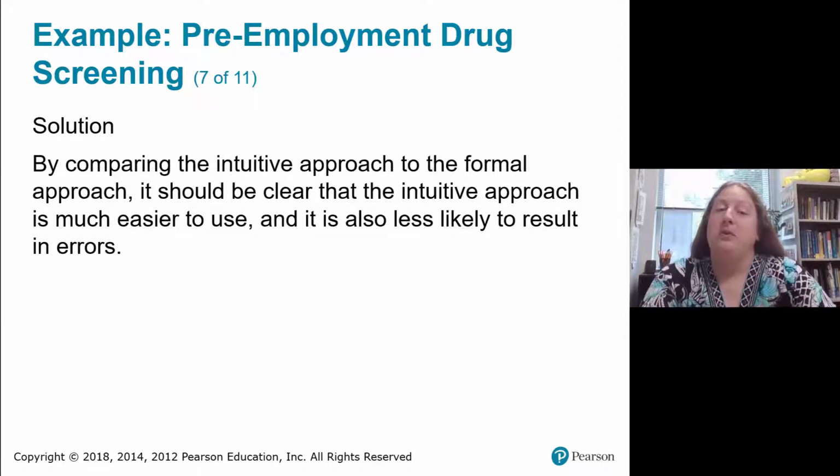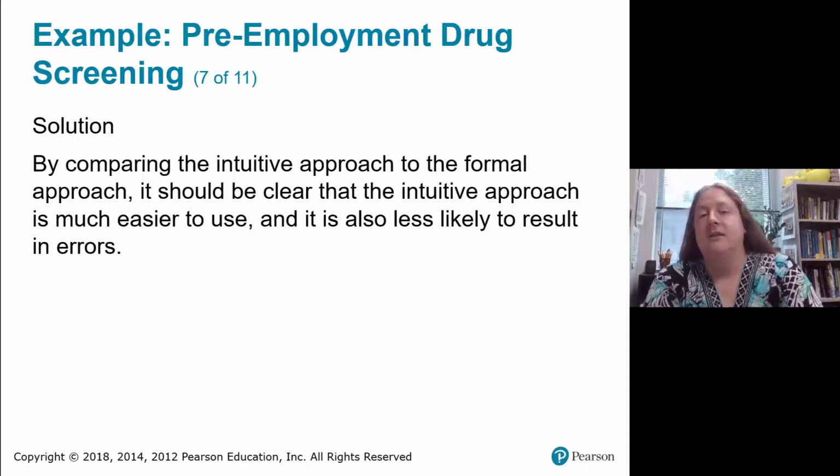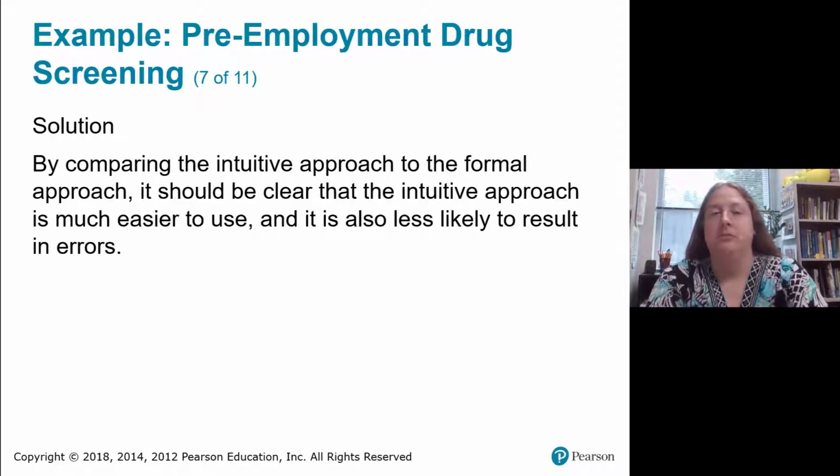When the intuitive approach works, use it. All right. Sometimes you will need the formal approach depending on the information you've been given. But with a table like this, there's no reason not to use the intuitive approach and save yourself the more likely calculation errors that will occur with those double fractions, the fraction of a fraction.